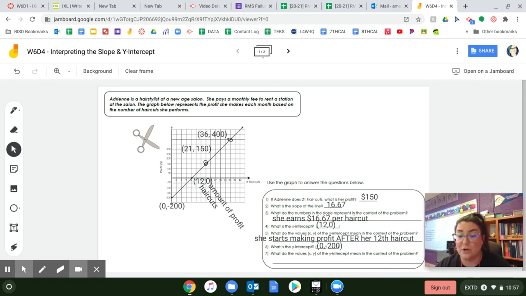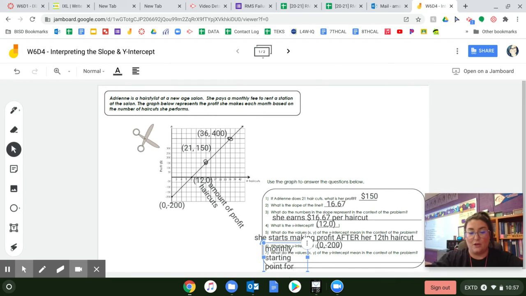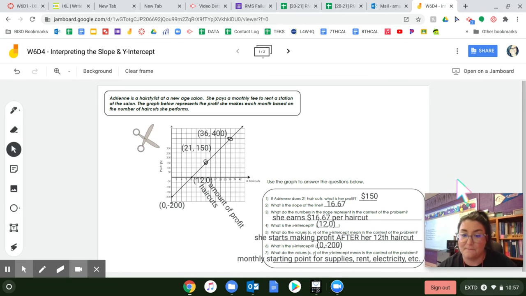She has paid out $200. That could be for that monthly fee that starts out every month. That could be for her supplies. Usually our y-intercept, as you've probably heard before, is our starting point. So it could be her monthly starting point for supplies, rent, electricity, etc. Any of those things could be a possible cost to her before she's going to start earning money.